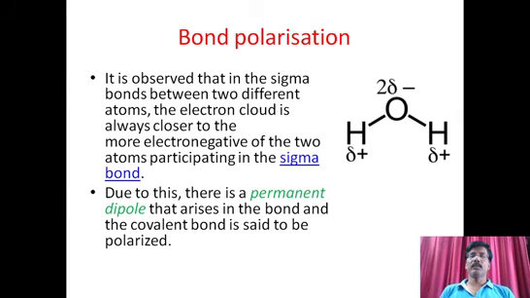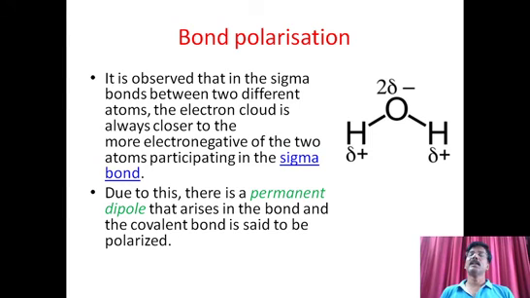Fine. Now look at this H2O molecule. It is a pure polar molecule. We can call water a polar solvent also. The reason is that oxygen is more electronegative when compared to hydrogen. It is attracting two electron bonds. There are two OH bonds, and both the bond pairs are attracted towards oxygen.